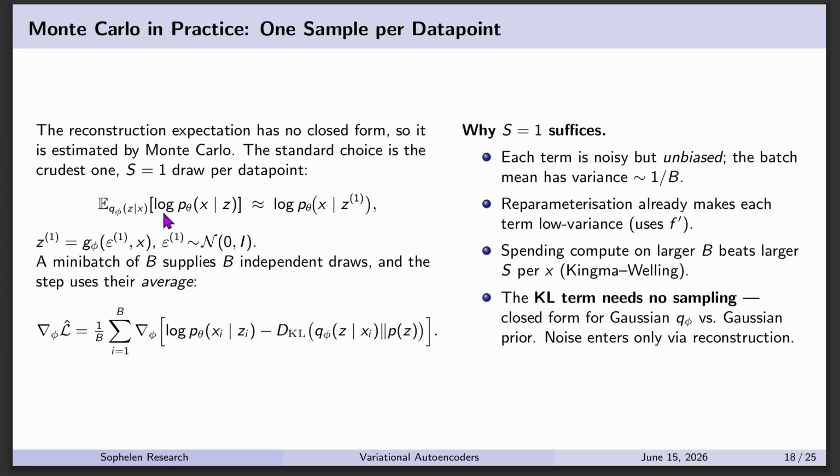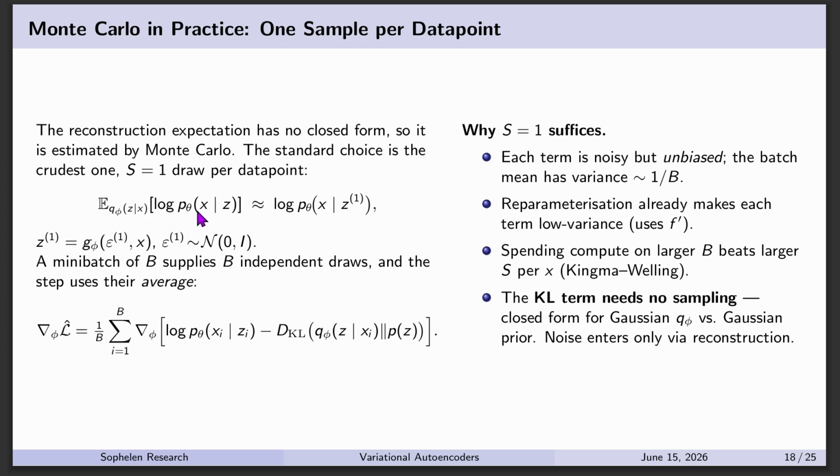We're supposed to integrate the log over the entire Gaussian blob, and that is intractable. In general, we would have to use the Monte Carlo technique, sampling many times and then taking the average. But instead of doing that, we take one single sample z, and that will be our approximation to this expected value.